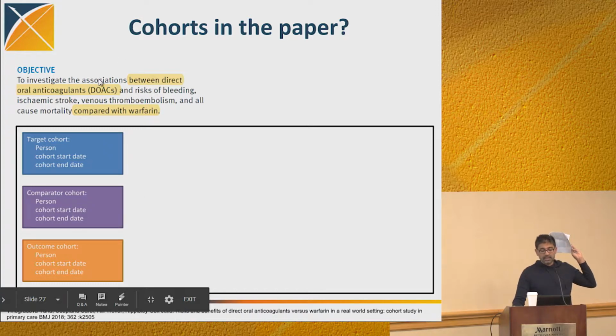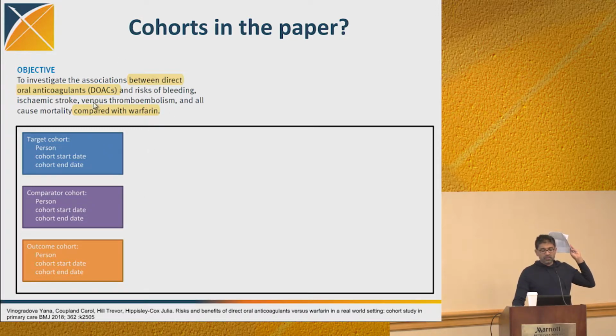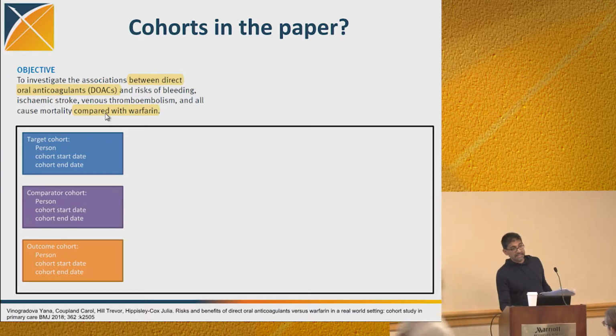So if you look at this here, they want to compare it to something. What are they comparing with? First time DOACs. So you could potentially interpret this as people who are on warfarin compared with first-time users of DOACs, right? So that's a possibility, absolutely.